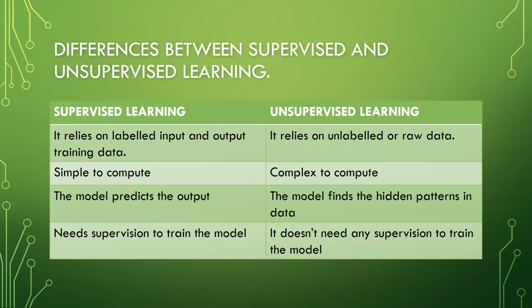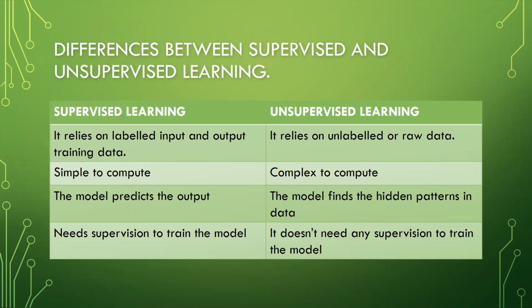Next, supervised learning and unsupervised learning. Here we're seeing the differences. Supervised learning enables you to use labeled data, meaning it's organized, while unsupervised learning is not organized.